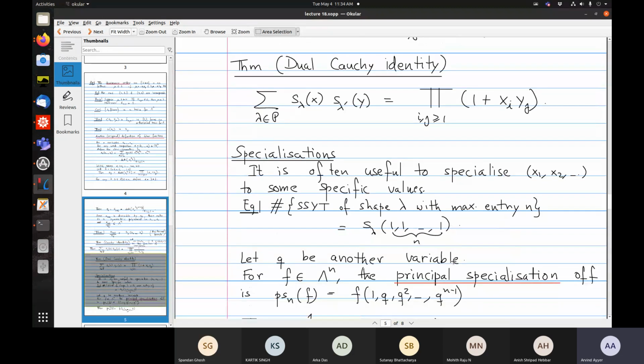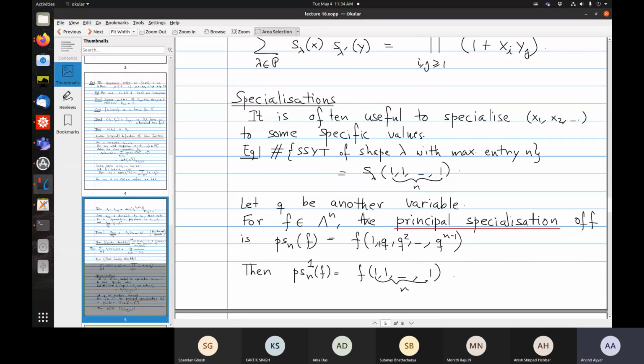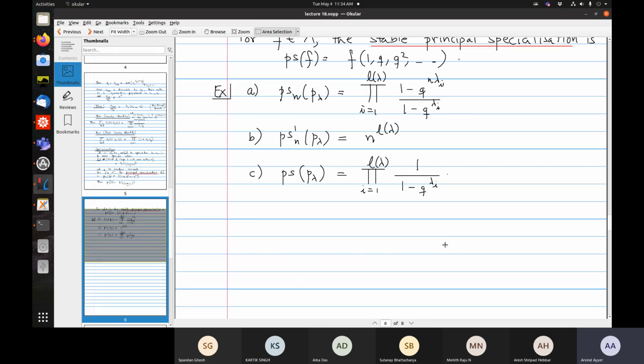Okay, and I also will need the notion of a principal specialization. The principal specialization is when you set the variables to be consecutive powers of q. I gave some examples.